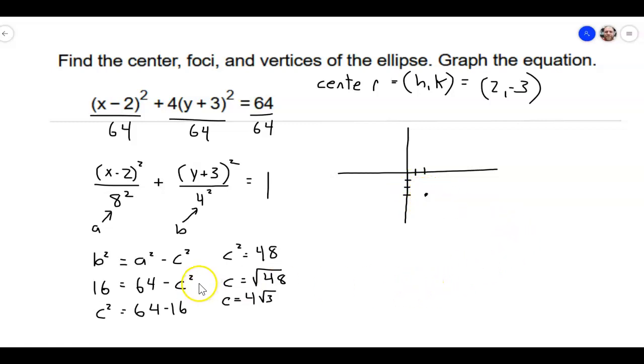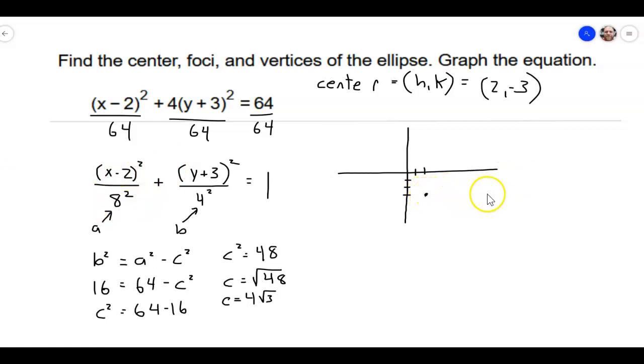Now we can use A and B in order to find the left and right vertices of this ellipse as well. Or they call it the vertex right of center and vertex left of center. So we're going to use the A for that. The A is 8.